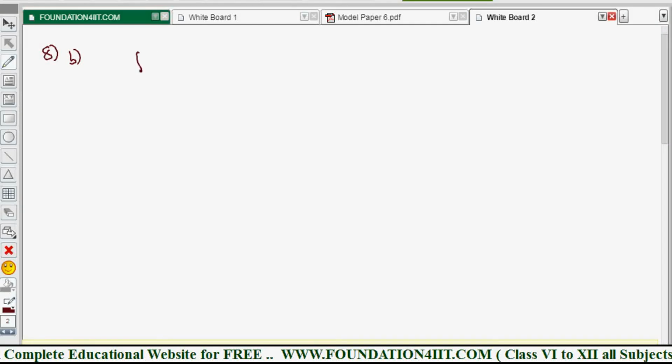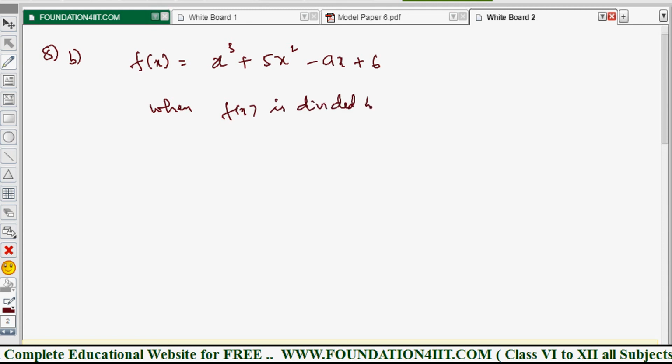Given f of x is x cube plus 5x square minus ax plus 6, and f of x is divided by x minus 1, then the remainder is 2a.